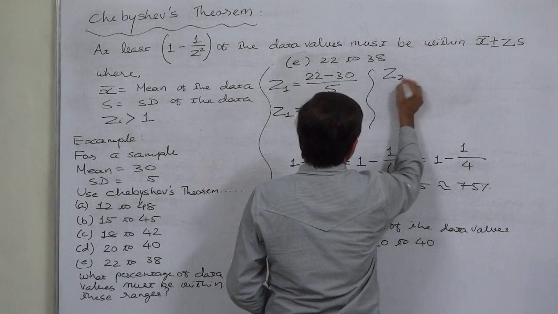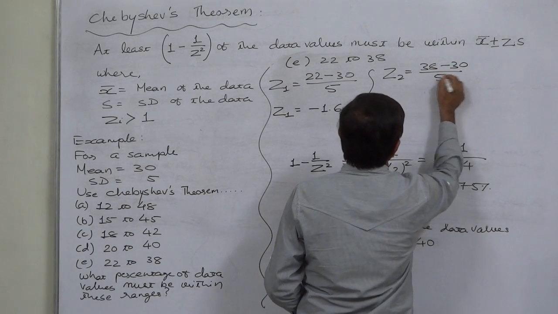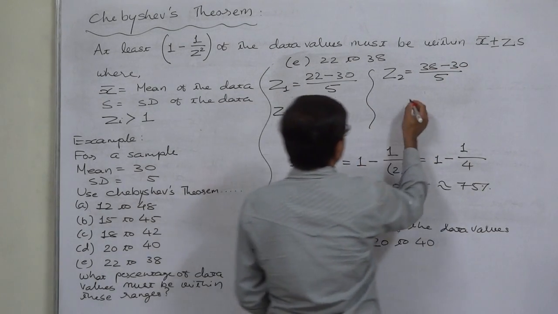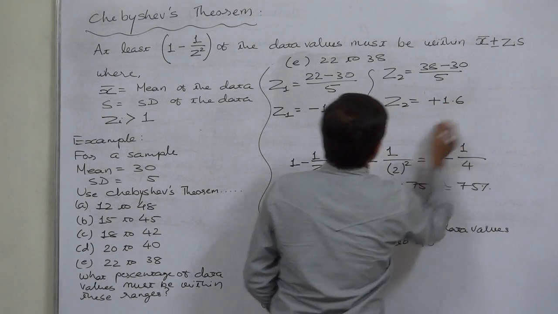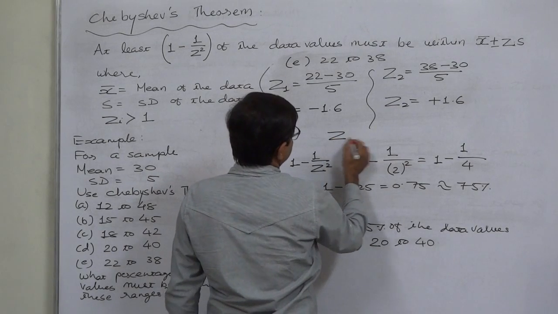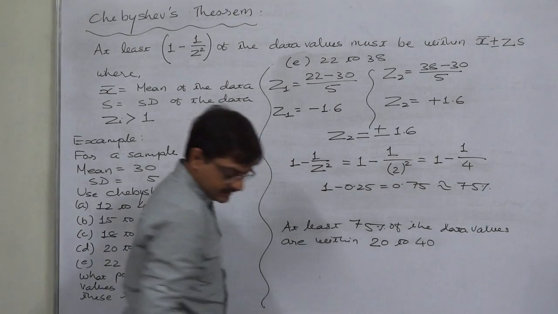And z value for 38 is 38 minus mean 30 divided by standard deviation 5. So z value comes to positive 1.6. That means for this case the z value is plus or minus 1.6.